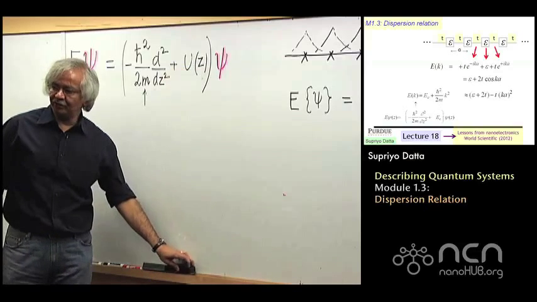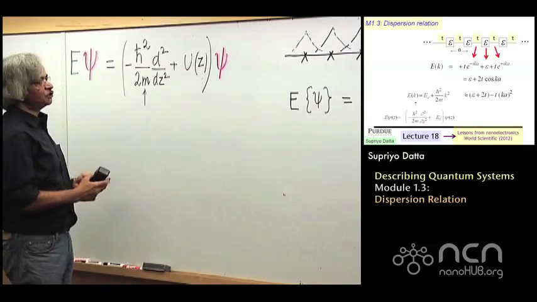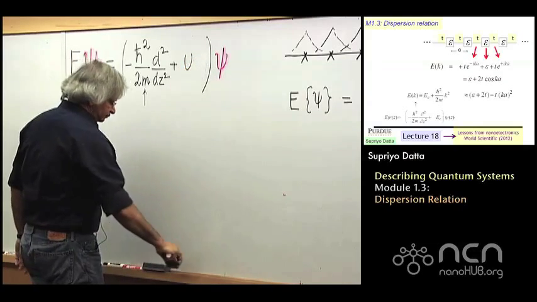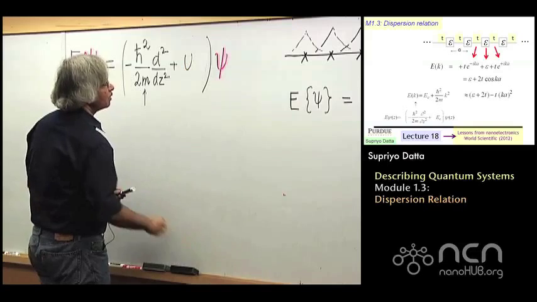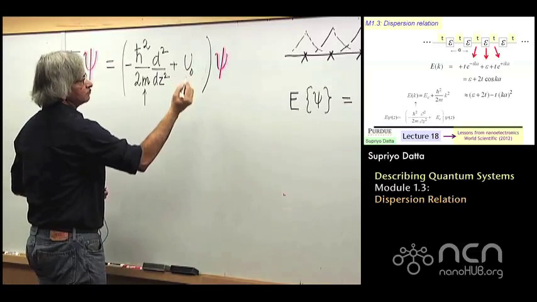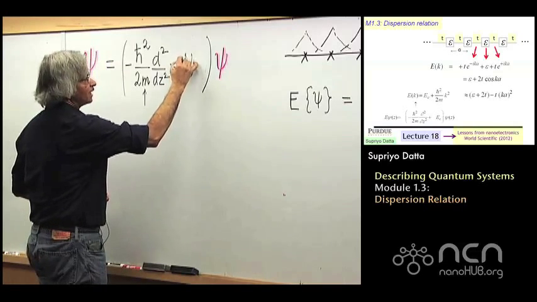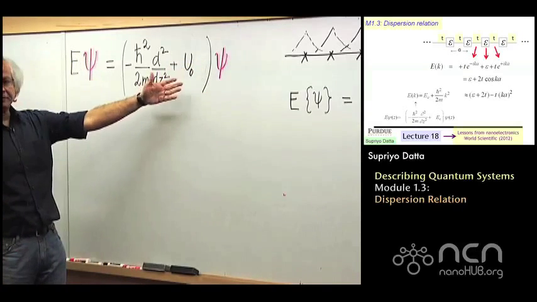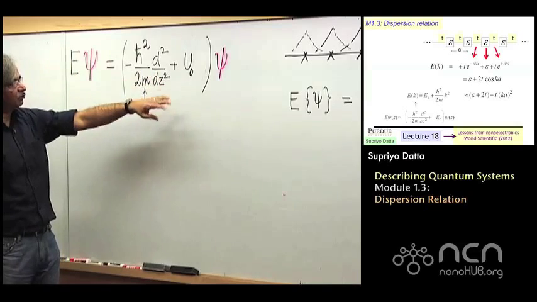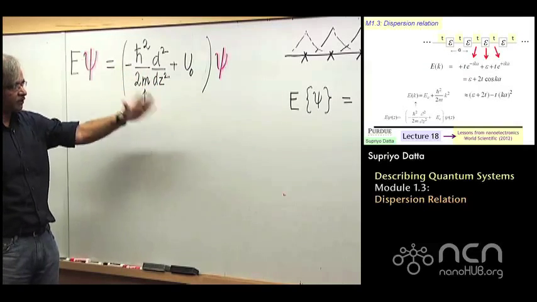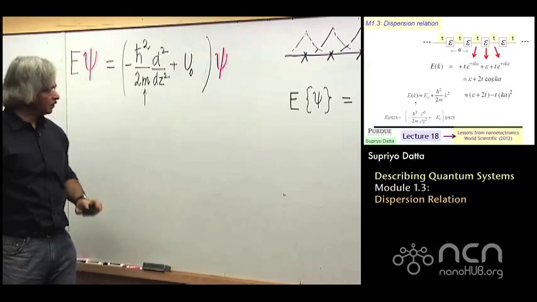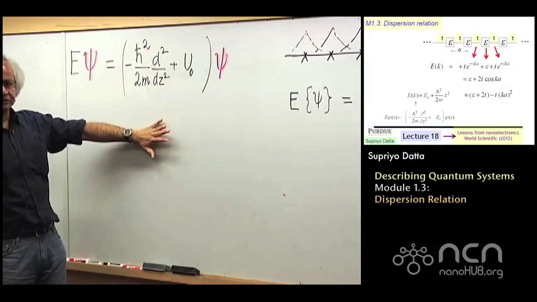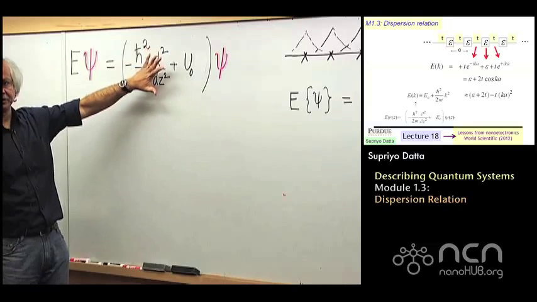But I could write it down very easily if I simply assume this u of z to be some constant, u0. Then, as I mentioned before, anytime you have a differential equation with constant coefficients, you can just write down the solution as sines and cosines or exponentials, and it's straightforward. That will always satisfy that equation.